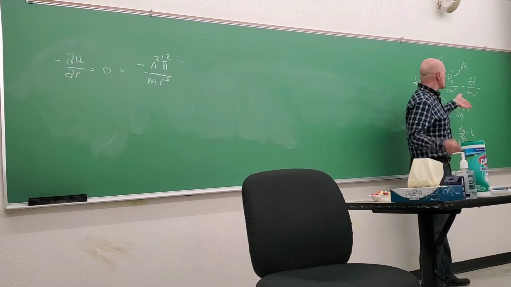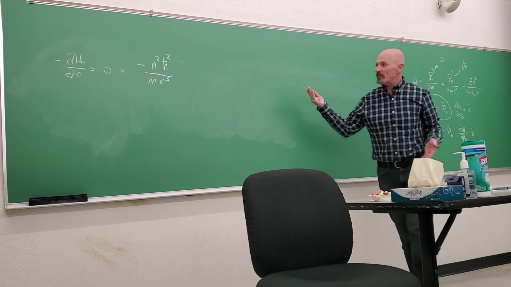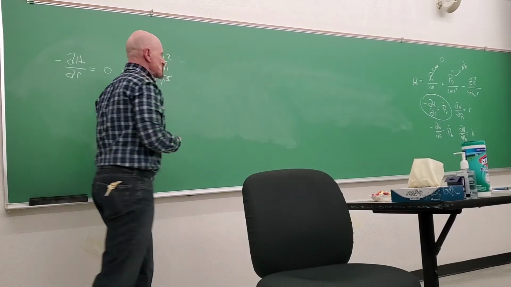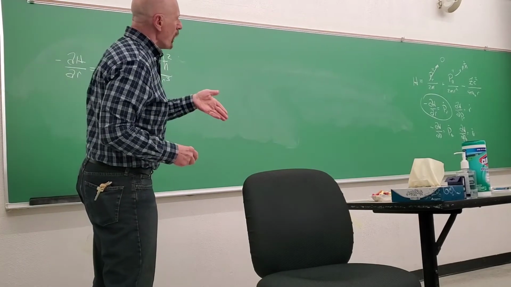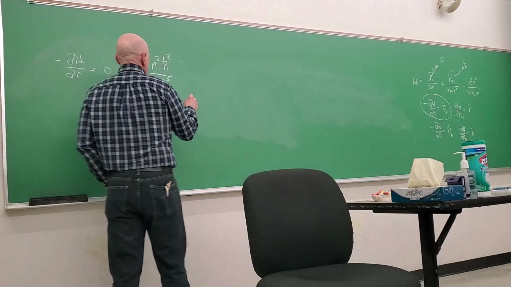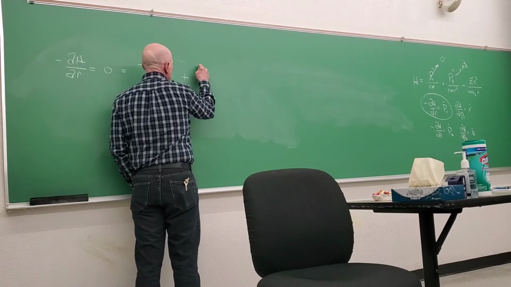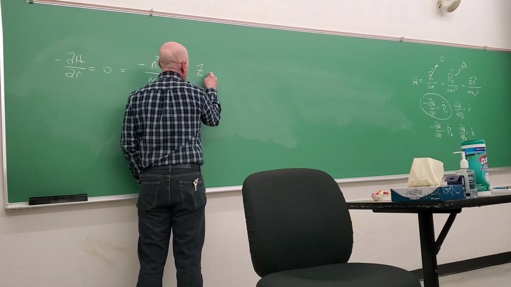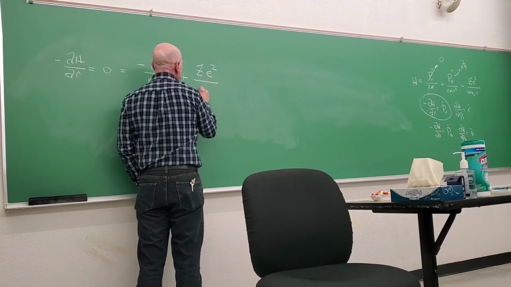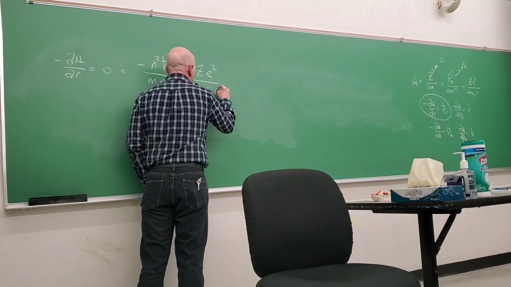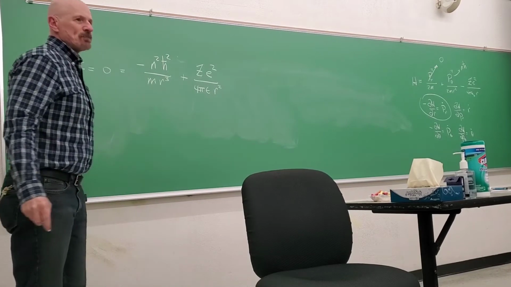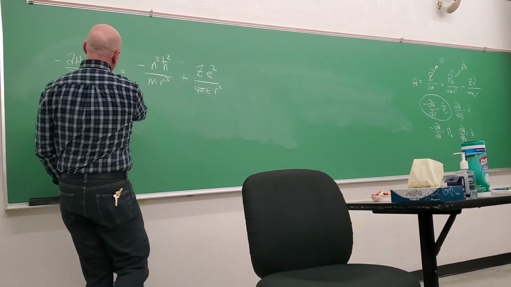It's in a denominator, so of course it's negative, so you have everything in place. So there's the derivative of the first term. The second term, now I have a 1 over r in the denominator, so that becomes plus Z e squared over 4 pi epsilon 0 r squared. Okay? Remember, all that's equal to 0.